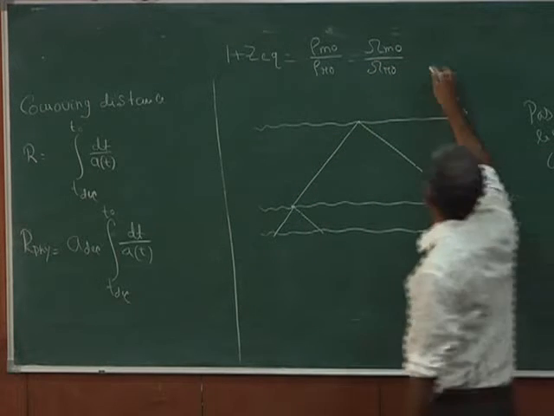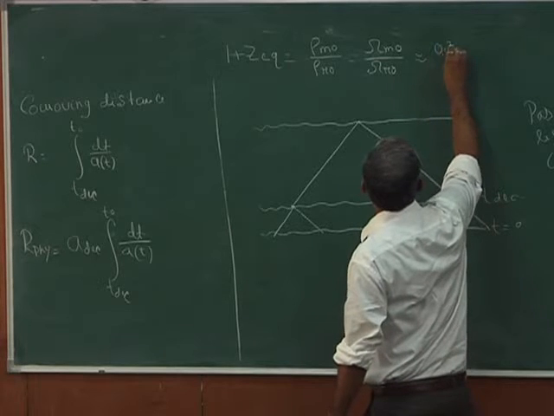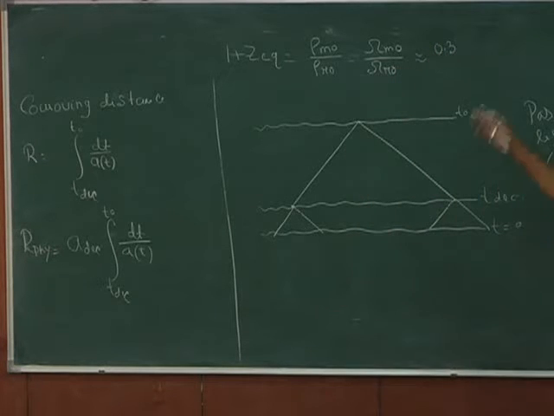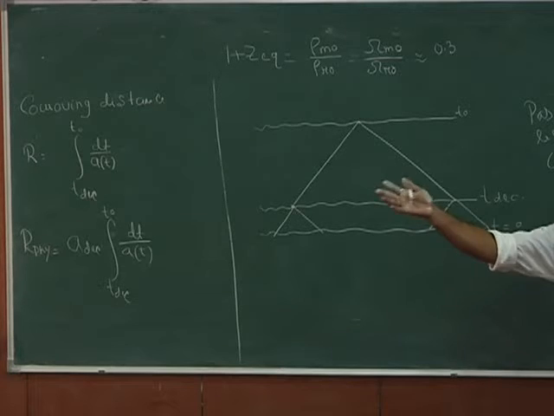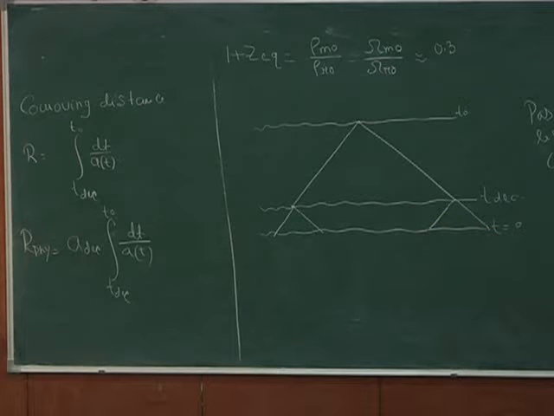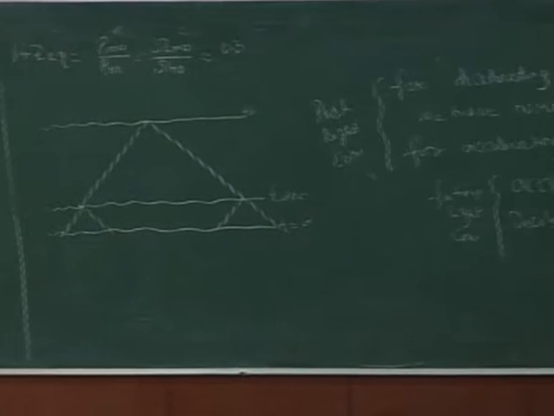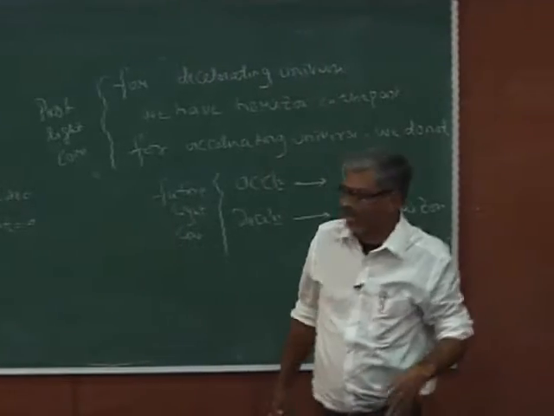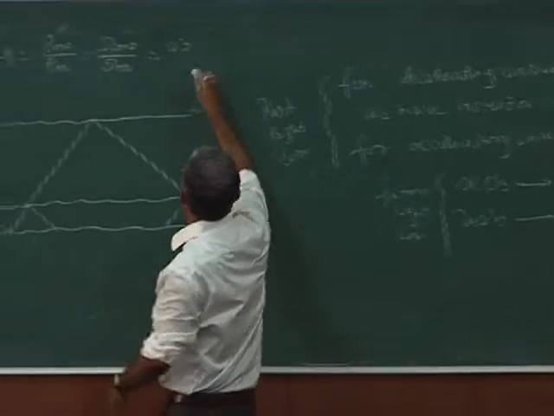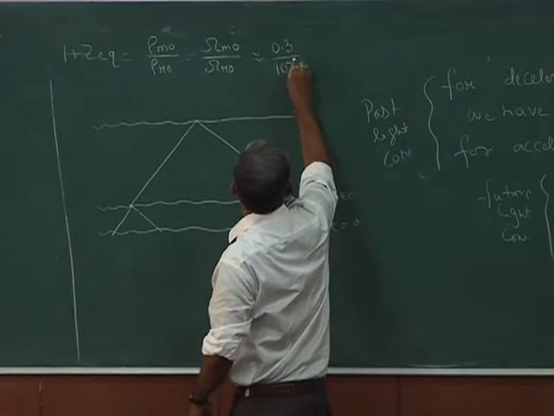Omega m naught, we know, is roughly around 0.3, and if you calculate omega r naught, because omega r naught mostly comes from the photon distribution, which is a 2.7 Kelvin black body distribution, put in Stefan's law, E goes as sigma T to the power 4, and I can calculate the energy. So this actually becomes roughly of the order of 10 to the power minus 5.